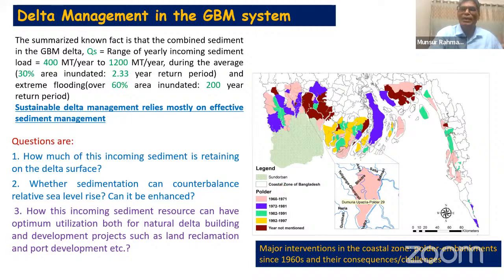At the same time, we have a number of development works in the system. There are more than 140 polders, and most of this coastal zone, as you can see, is intervened with polder embankments to protect the land against flooding and salinity, to create more agricultural production and other livelihoods. And this has again created big challenges.